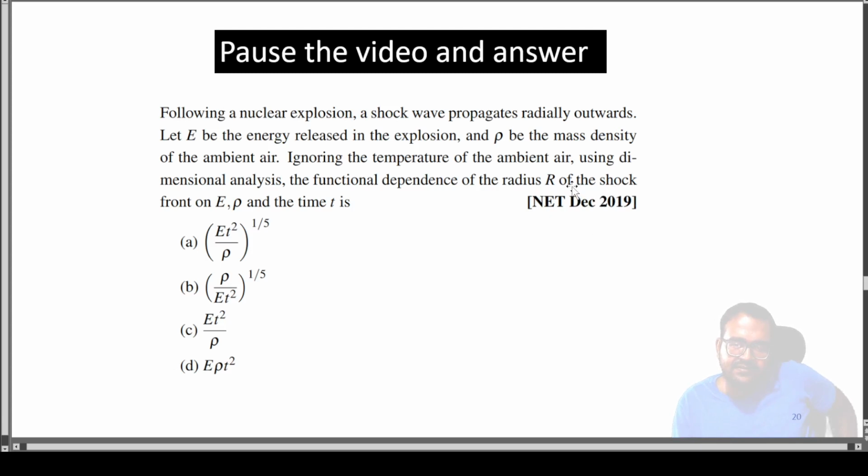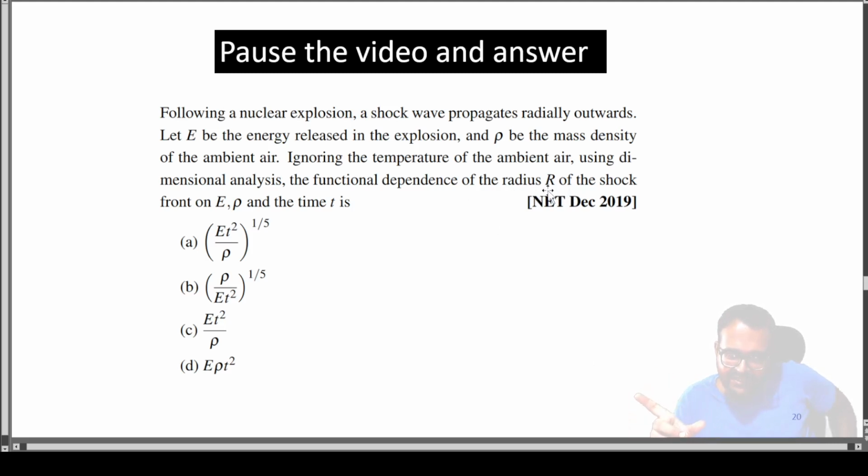So how long this impact of the atom bomb will go on. I may frame this question in a different language, but still this is exactly what appeared in CSIR NET. So what I need to find is the radius R. What is radius R?